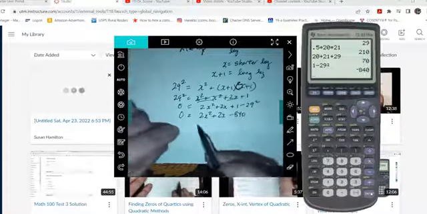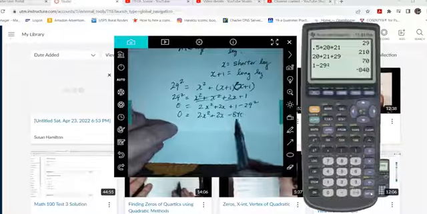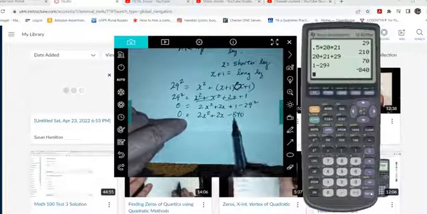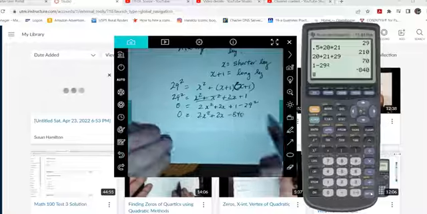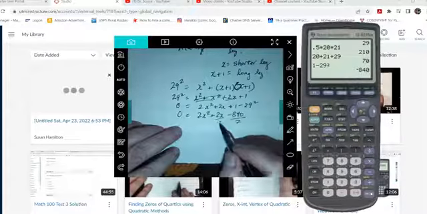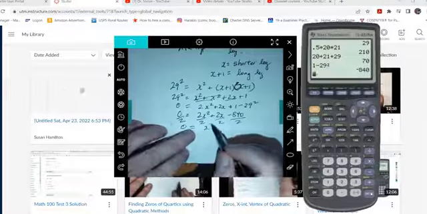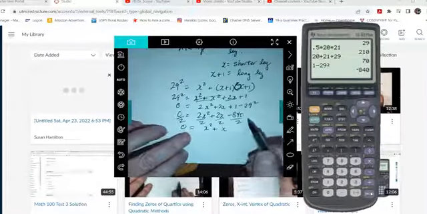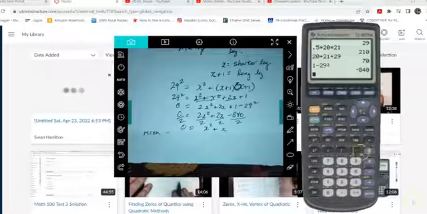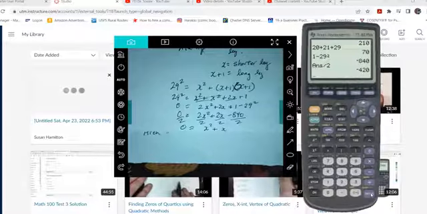Now, before you get into the quadratic formula, notice that every single term there is even. And as long as I do the same thing to every term, then I'm still okay. And 840 divided by 2, that last term is going to be negative 420.